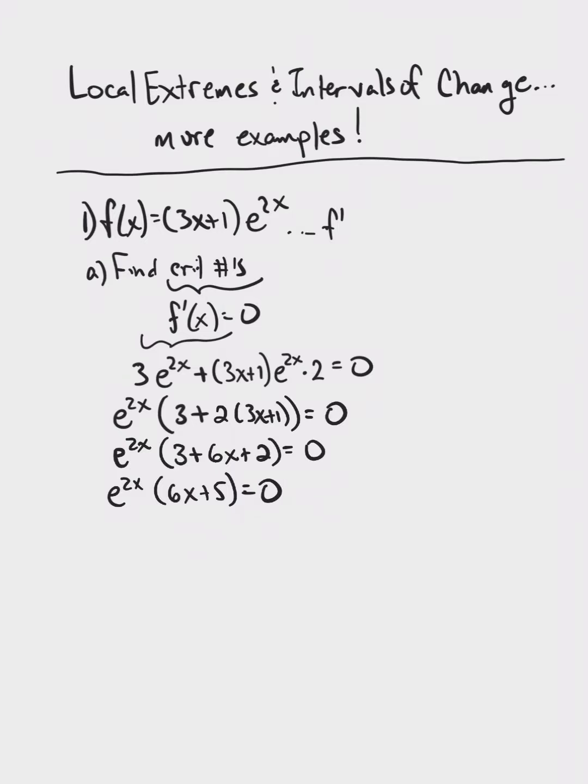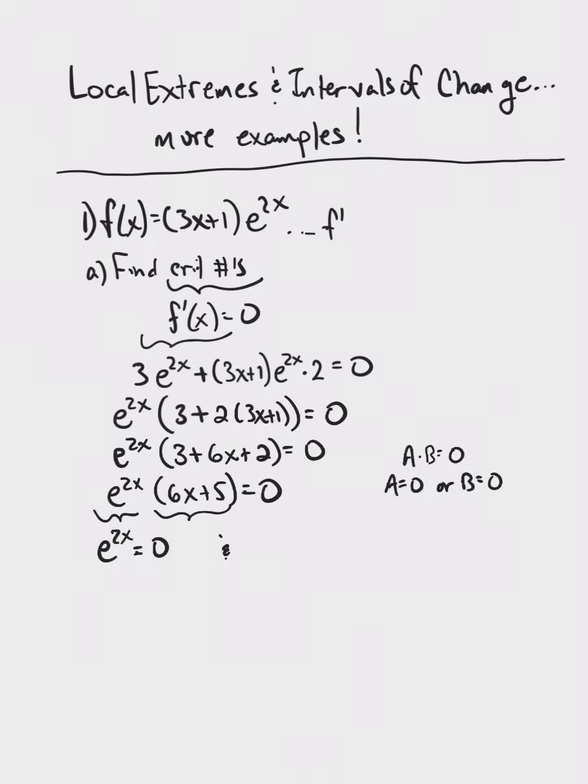Now, if you remember, the whole point of factoring is the idea, that game that I joked around about one day. If I am multiplying two things and I'm getting 0, then one of them has to be 0. So you just set each factor equal to 0. So right here I have these two factors. I have e to the 2x, so I would set it equal to 0.